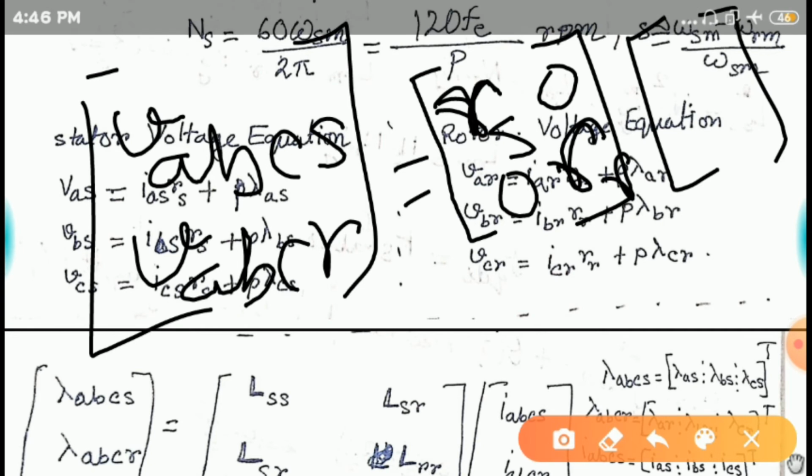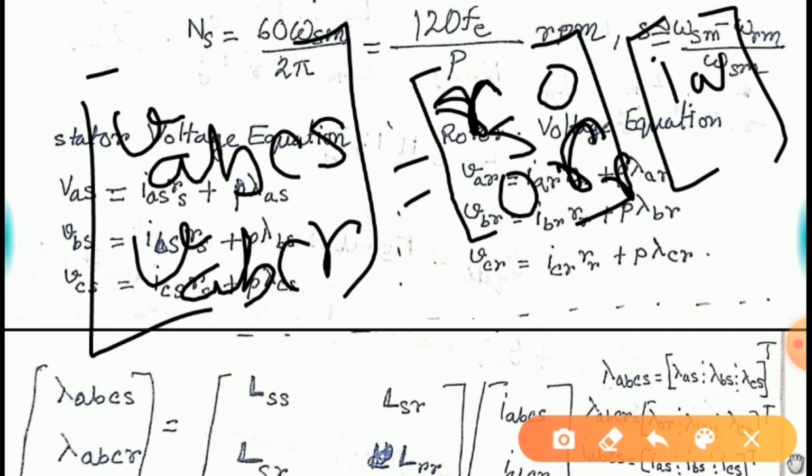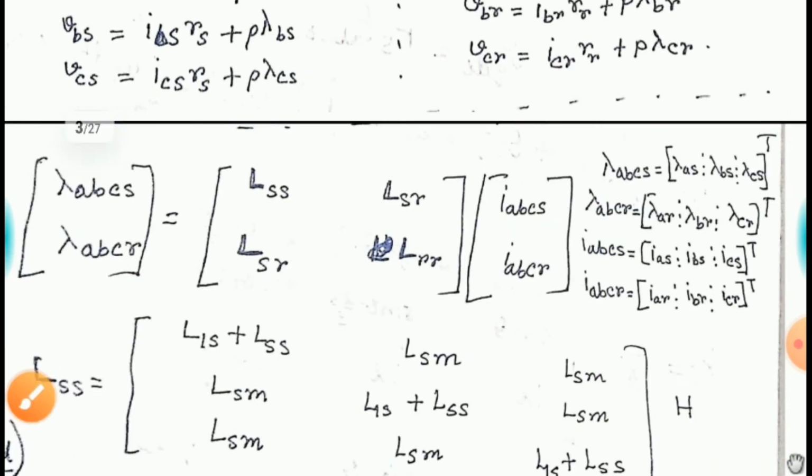Here it would be like the previous case, IABCS, and here IABCR, plus here you will have P on lambda ABCS and lambda ABCR, right? So this equation we have to use.